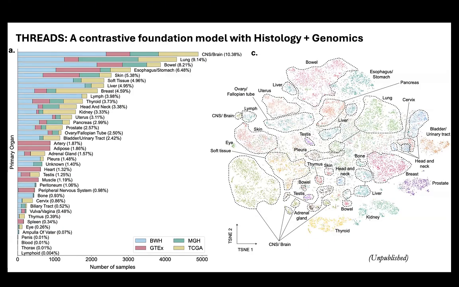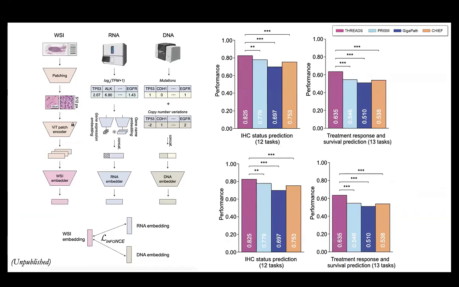We tried to use all the molecular data that was available to us at the Brigham and MGH, which includes transcriptomic data as well as all the molecular data. And by contrasting between image and molecular data, the hope was to improve the image representation. So that's what we showed, and we start to see that it could really improve representation for some of these very difficult tasks, in particular related to treatment response predictions.